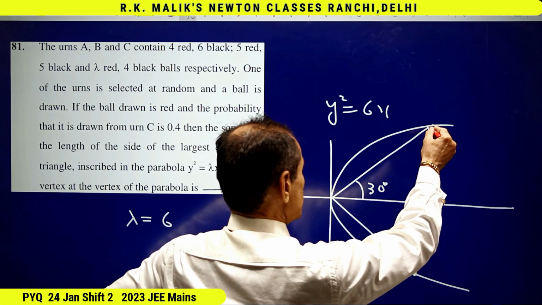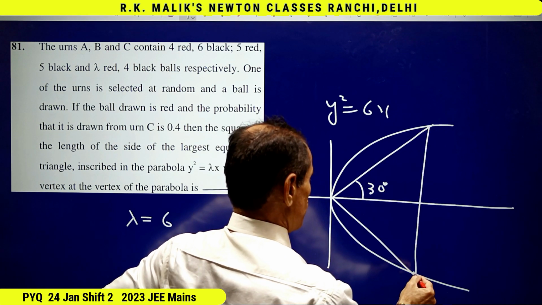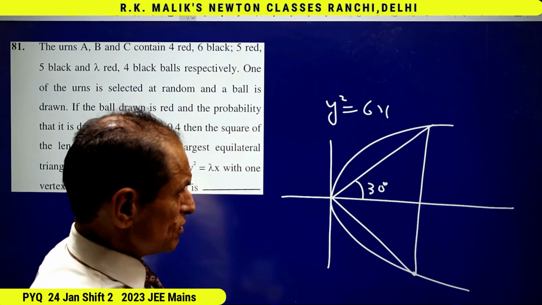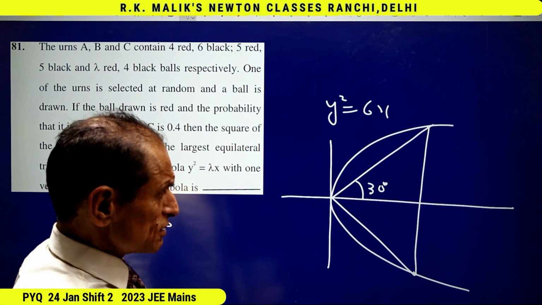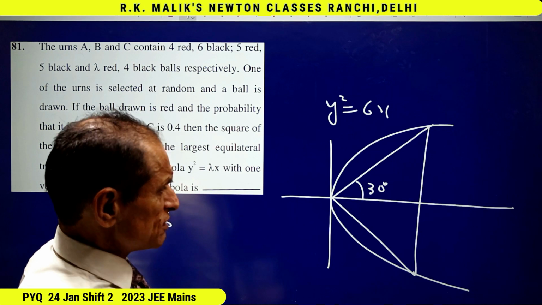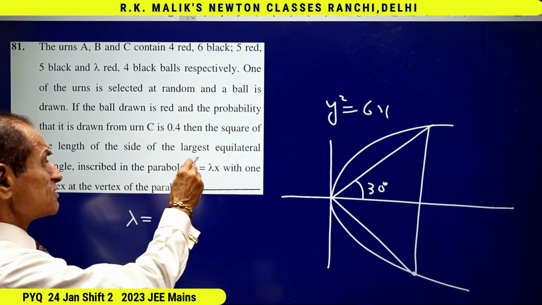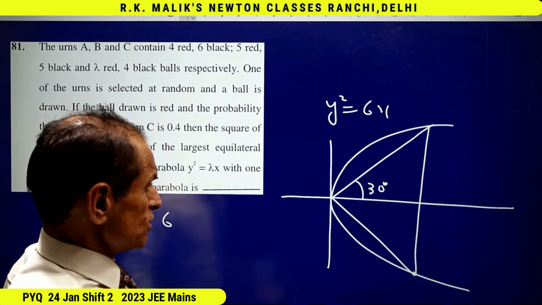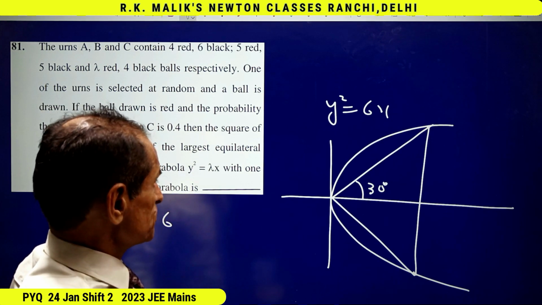Obviously, for this point of intersection and for this point of intersection, this will be the equilateral triangle formed. No other equilateral triangle is possible to be made. Hence, if he says the word largest equilateral triangle, that is just to confuse the students, because only one equilateral triangle is possible.